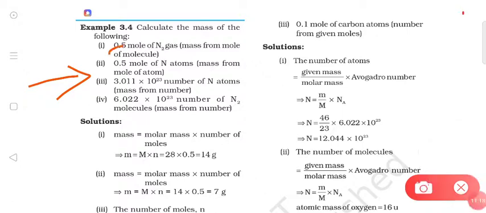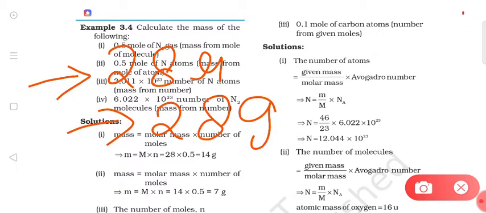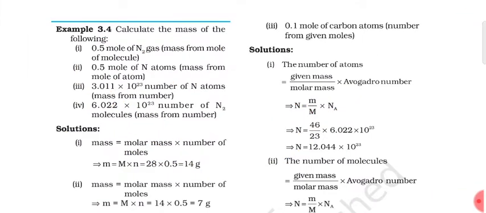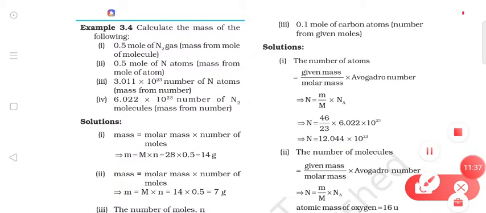We know that the molecular mass is 28 u, so the molar mass will become 28 gram, meaning one molecule has a mass equal to this one, and 1 mole of molecules has the mass equal to this one. Now as we know the mass of 1 mole, that is the molar mass, and we know the number of moles also, we can calculate the total mass.